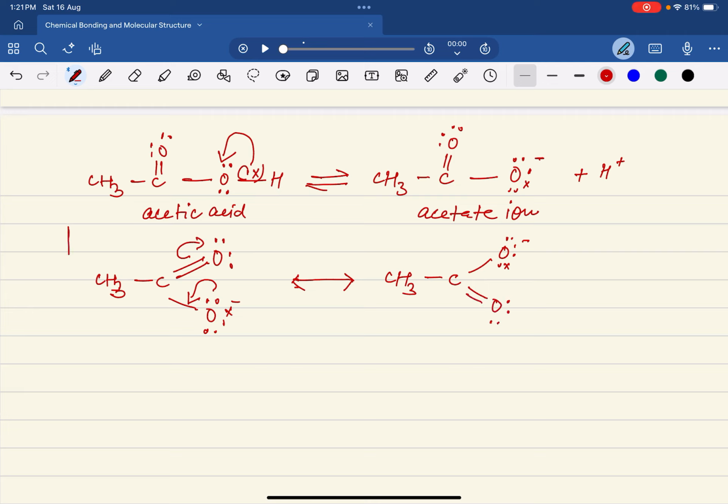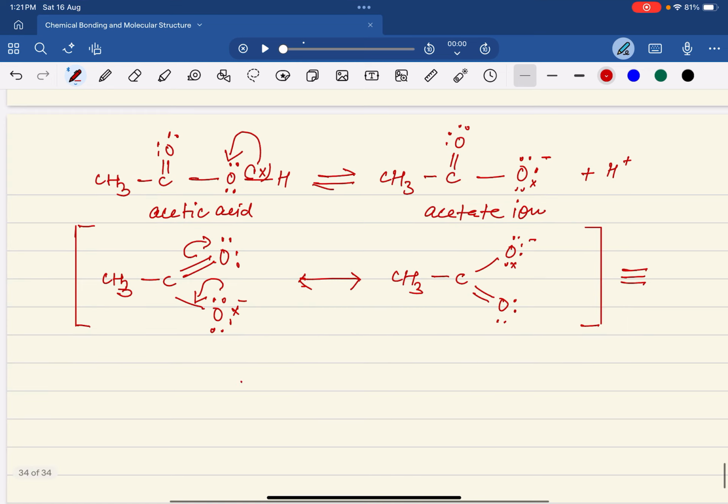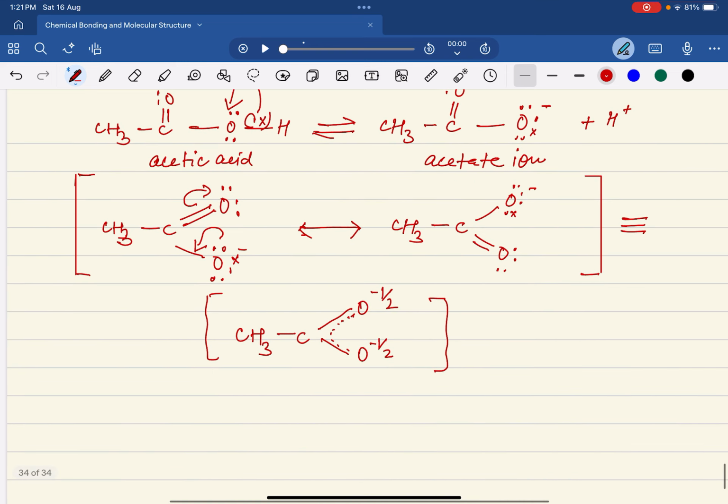So, on the basis of these two contributing structures, acetate ion gives a resonance hybrid structure, an equivalent structure, CH3 C with 2 single bonds, pi electrons delocalized, and charge distributed equally, minus half and minus half. So, this is the resonating structure, and acetate ion has 2 resonating structures.